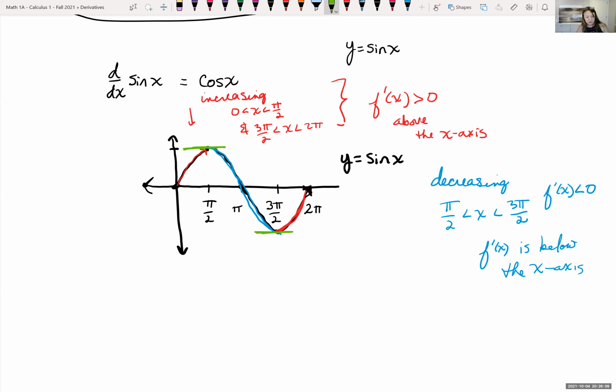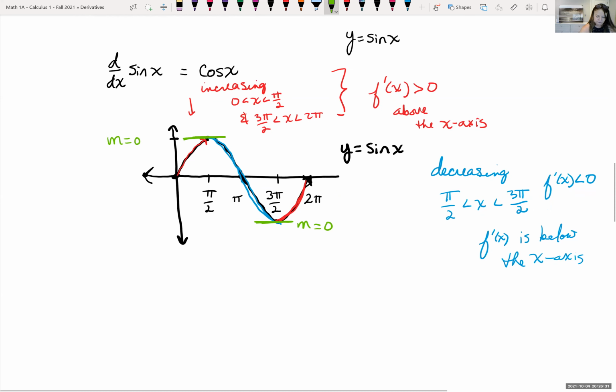These are differentiable: smooth, curved, and continuous. This is where our slope is equal to 0 for our original function. If our slope is equal to 0, then our derivative is equal to 0, and that's where it's going to be crossing the x-axis. So f prime of x crosses the x-axis there.